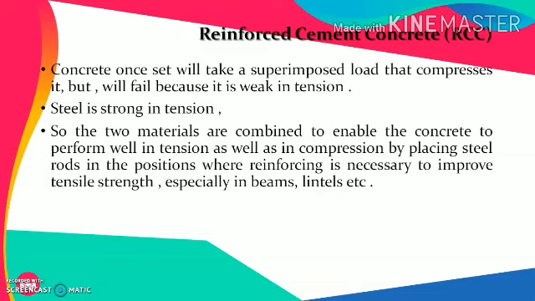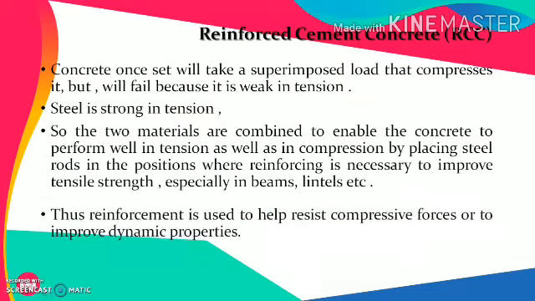Generally, the steel is introduced in that part of concrete where there is possibility of the introduction of the tensile stress, especially in case of beams and lintels. These kinds of tensile stresses may develop because of the bending.